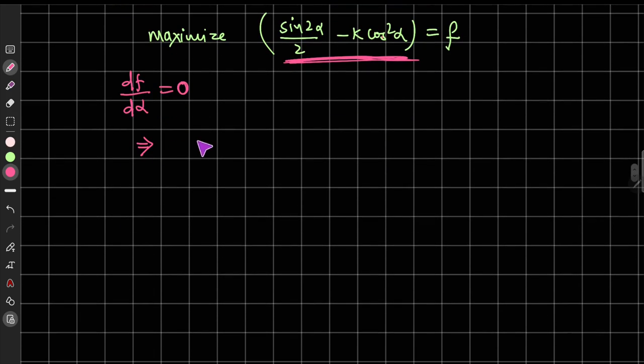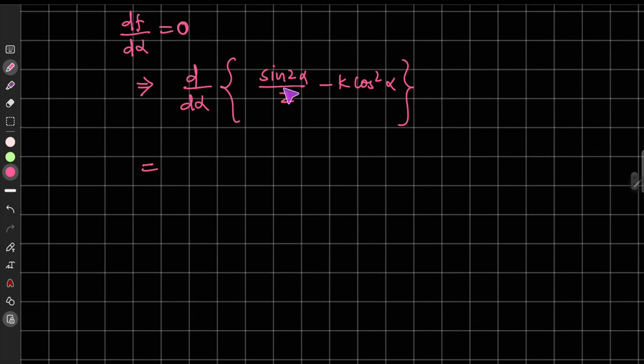Okay, so we can write d by d alpha of sin 2 alpha by 2 minus k times cos square alpha. Differentiation of sin 2 alpha is cos 2 alpha, and the differentiation of 2 alpha is 2, so we can write 2 times cos of 2 alpha by 2 minus k times differentiation of cos square alpha, which is 2 cos alpha into minus sin alpha, is equal to 0.